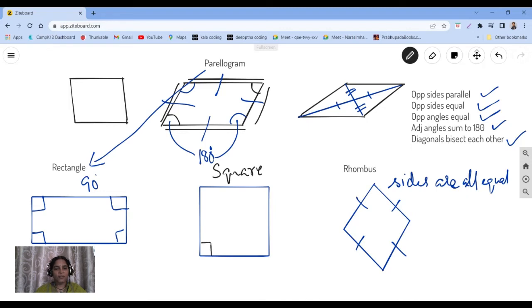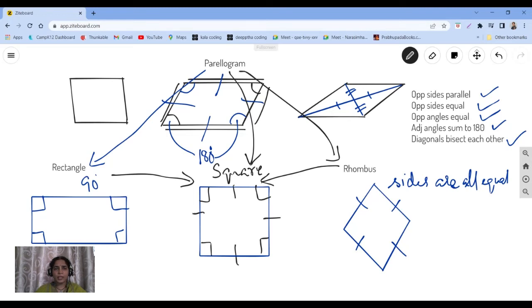A square has every angle 90, just like a rectangle. So a square is also a type of rectangle. A square is also a type of rhombus. A square is also a type of parallelogram. So a square has 90 degrees as well as all sides equal.